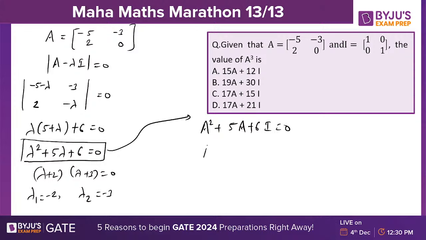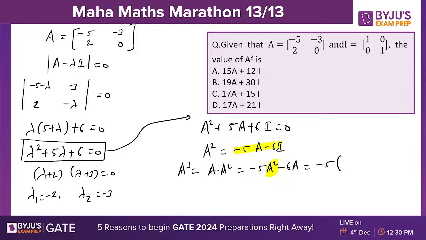So students, A square will be minus 5A minus 6I. Sir, what is A cube? A cube is very simple. A into A square, minus 5A square minus 6A. What is this A square? Bolo bolo. A square here, minus 5A minus 6I.